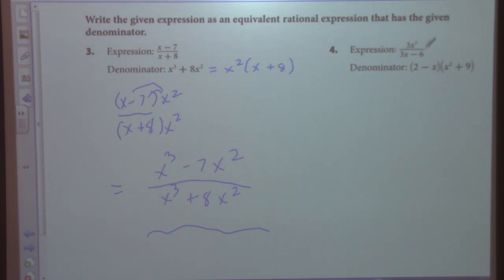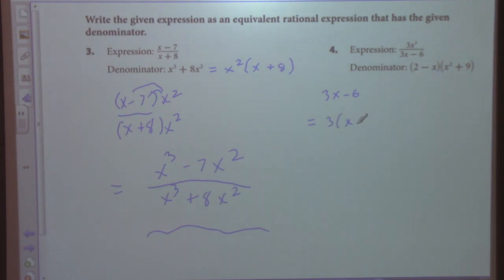To get this expression, 3x cubed over 3x minus 6, how do we get that to equal that denominator? What we can do is take this 3x minus 6, and what's our common factor for this? 3.